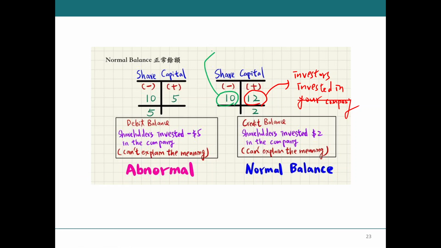It means investor sold shares, stocks, to take back their investment.